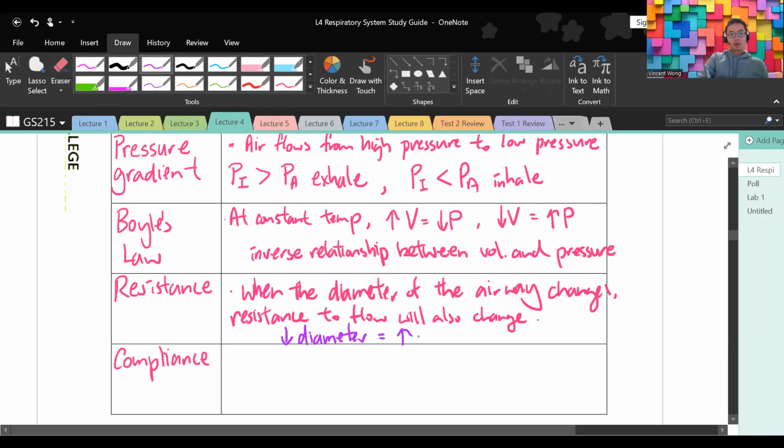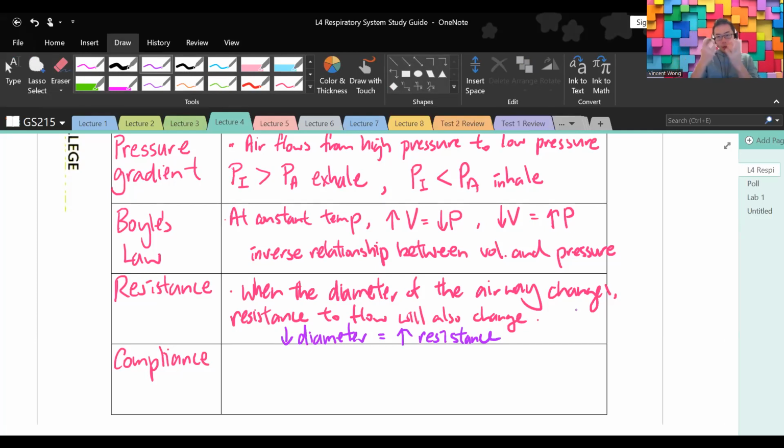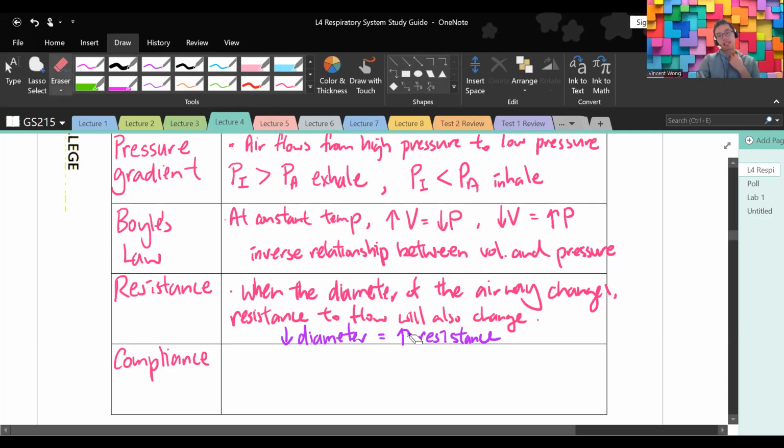That equals an increase in resistance. So during an asthma attack, as I talked about earlier, when the bronchioles collapse, that reduces the diameter and makes it more difficult to breathe. On the other hand, if you increase the diameter, if you take a bronchial dilator, like a puffer, it causes the muscles to relax and open up, increasing the diameter, and that will decrease the resistance.